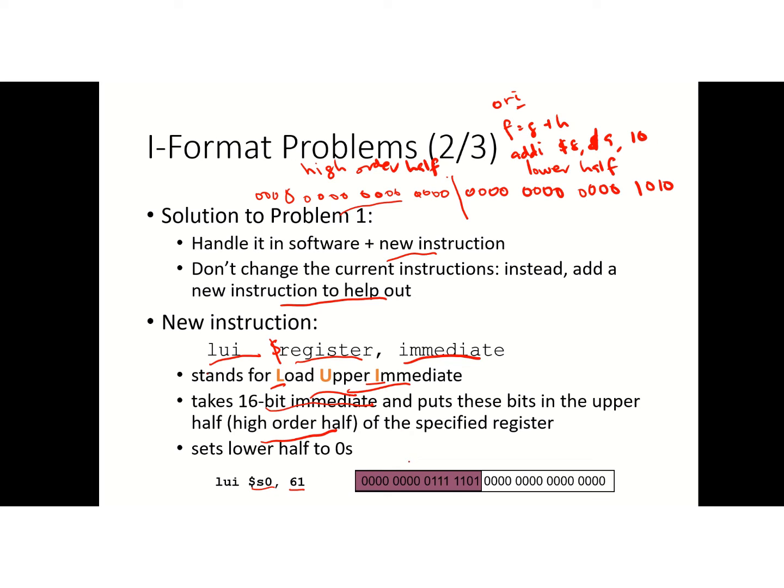This can be encoded as the value of 61 will be loaded on the high order half. What about the lower order half? Since we can only load 16 bits of data, the lower half would become all 0.